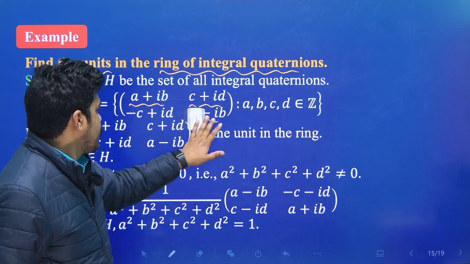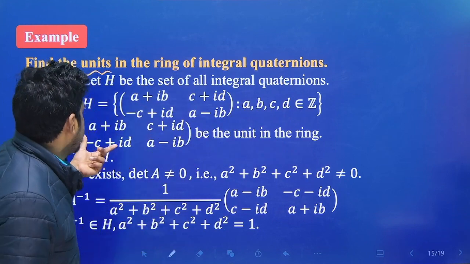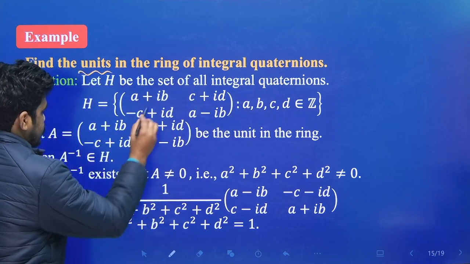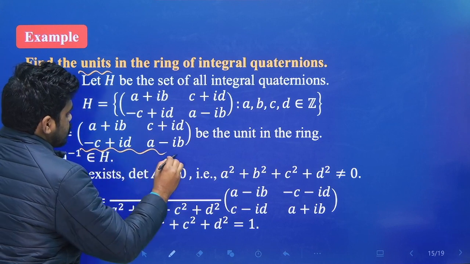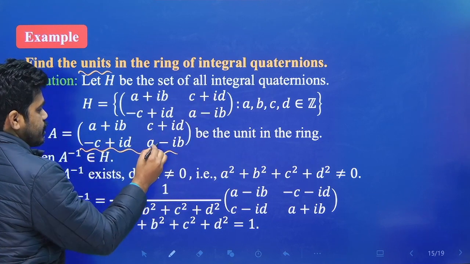ওকে, ঠিক আছে, আমার এর ইউনিটস গুলো ক্যালকুলেশন করতে হবে। তাহলে আমি ধরে নিচ্ছি let A is equal to this matrix, let A is equal to a + ib, c + id, -c + id, a - ib.